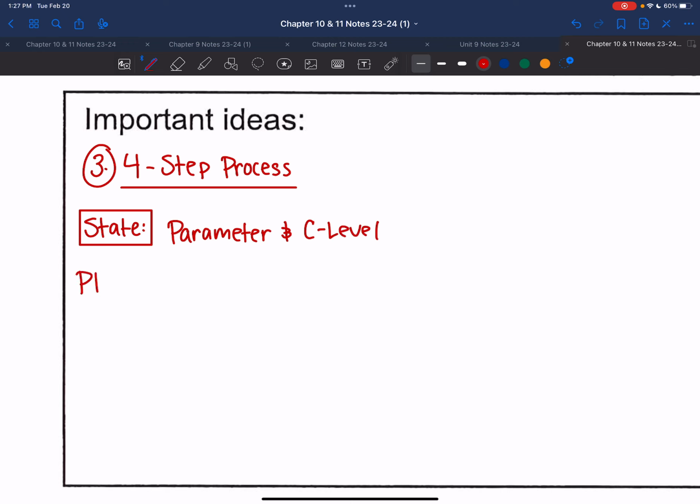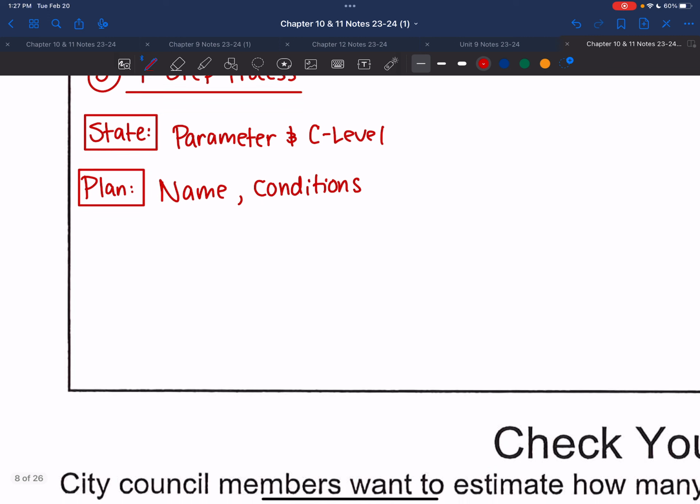In the plan section, you need to tell me the name of the procedure and your conditions.